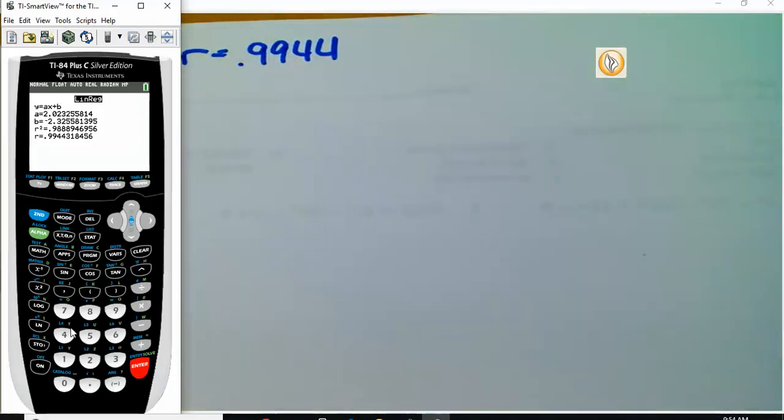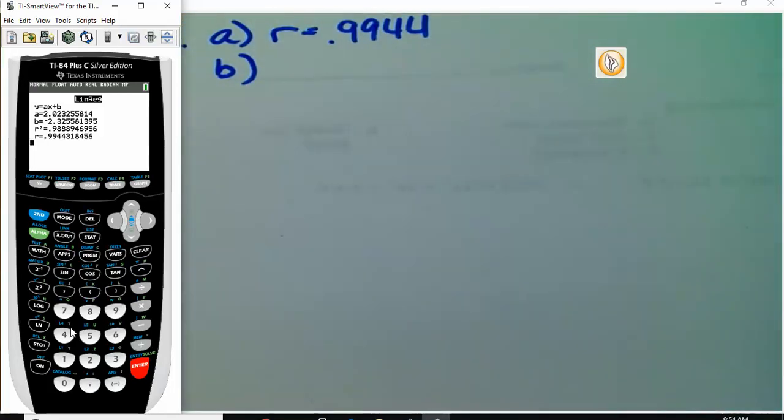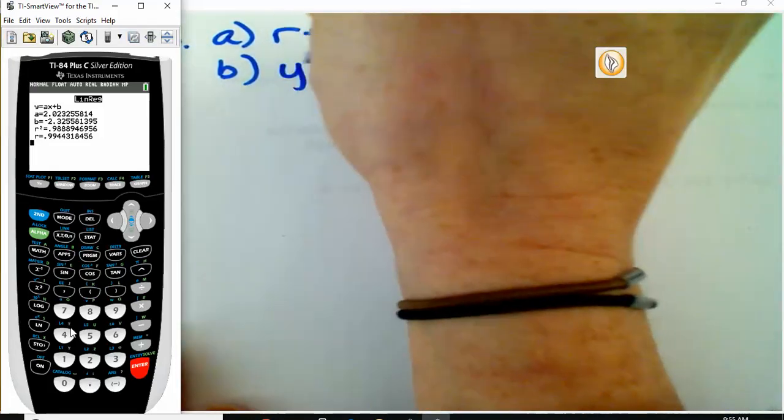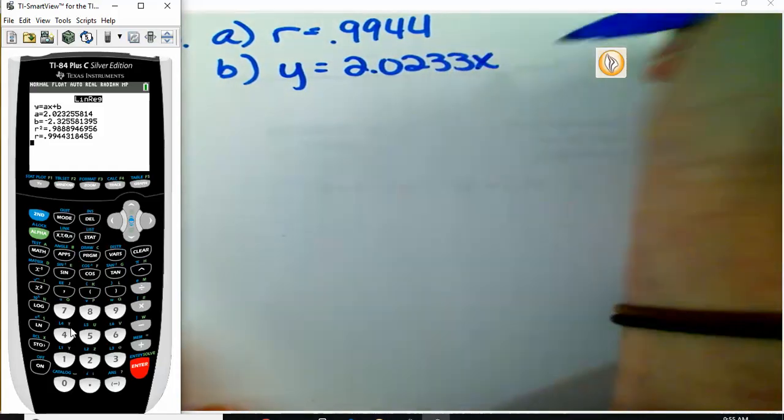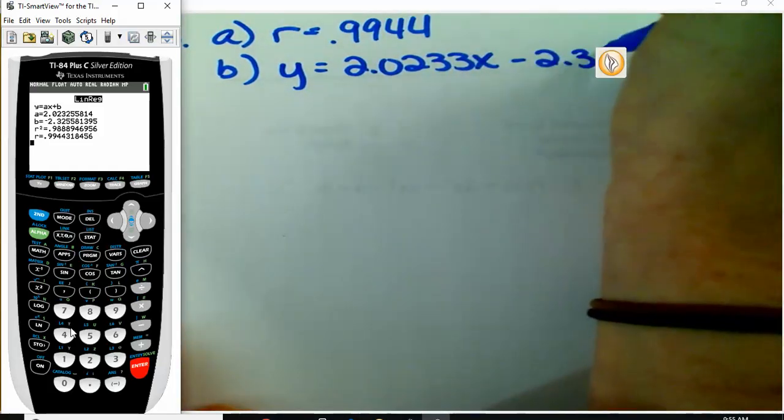B, the least squares regression line, is the equation of this line. So it tells you on there it's AX plus B. So y equals 2.0233x minus 2.3256.